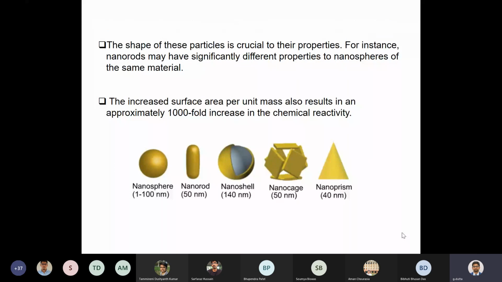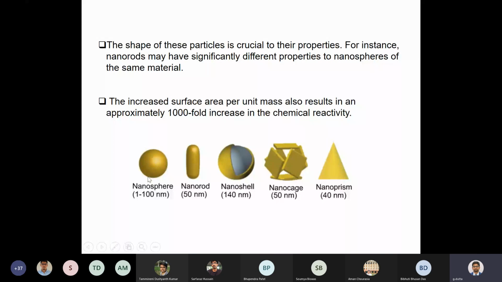Here in this slide, I will show you some nanomaterials of different shape and size. By changing the nanomaterial shape and size, we can change their activity, because the surface energy and the surface area can be changed. Also, we can synthesize core-shell types, with one material outside and another inside. Because of the different surface energy, they can behave differently.